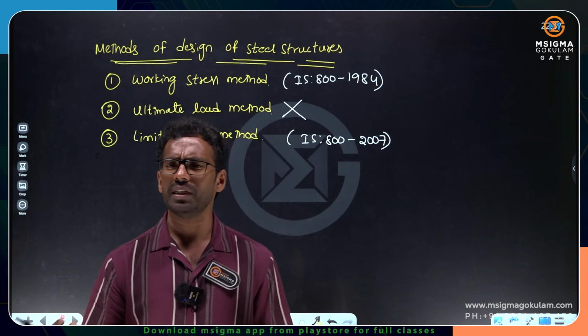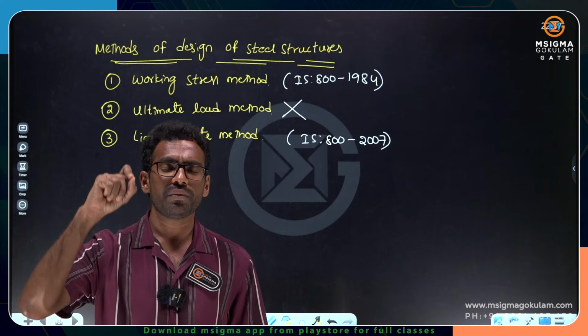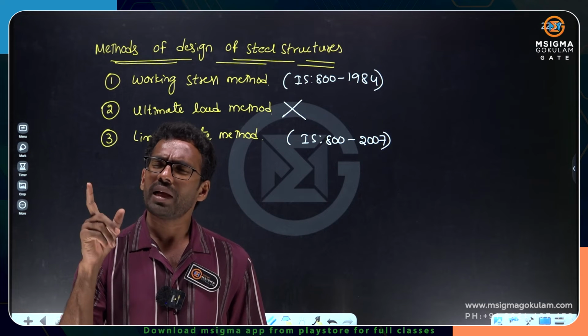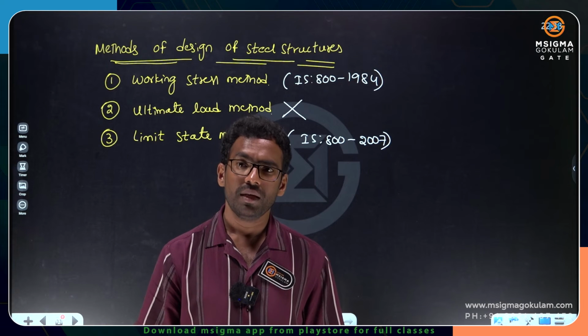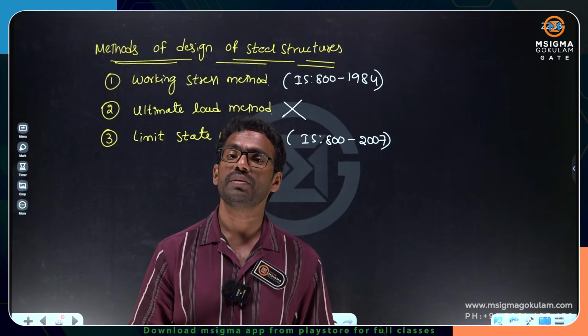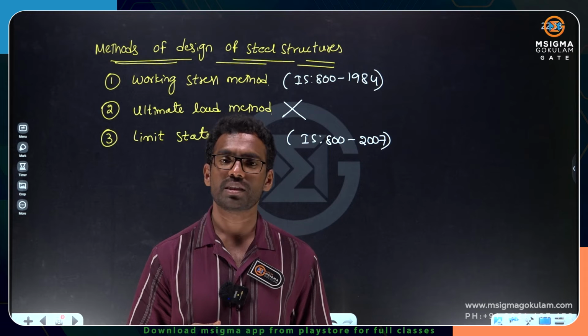That is the very simple philosophy of the working stress method: underestimation of material strength to the maximum possible, safest extent. That's why the factor of safety used in the working stress method is very, very high. That is the biggest drawback.